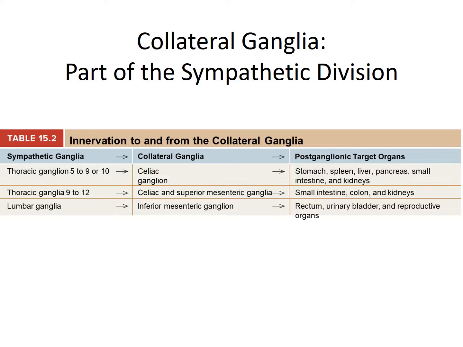The lumbar ganglia, we remember that's L1 through L2, are going to synapse in the inferior mesenteric ganglion, and the target organs of the postganglionic fibers are going to be the rectum, the urinary bladder, and the reproductive organs.